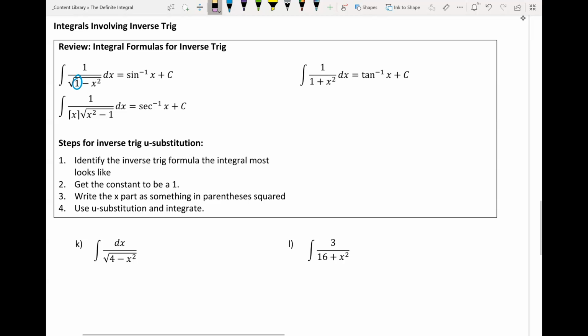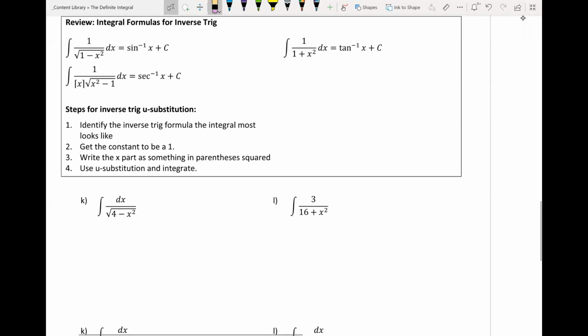It needs to be 1. Then we're going to write the x part as something in parentheses squared, which is this section, as something squared. And then we're going to use U-sub and integrate. So I'm going to go through these examples with you, and you're just going to follow along and see how it's done using those steps.